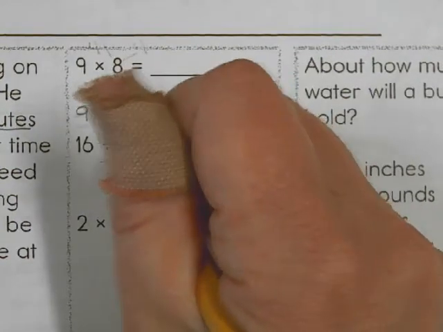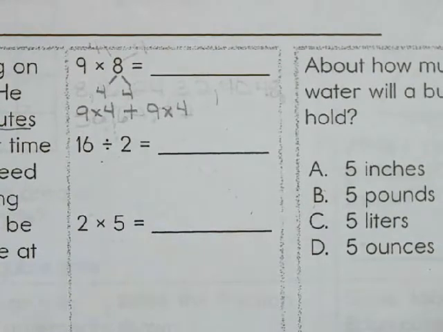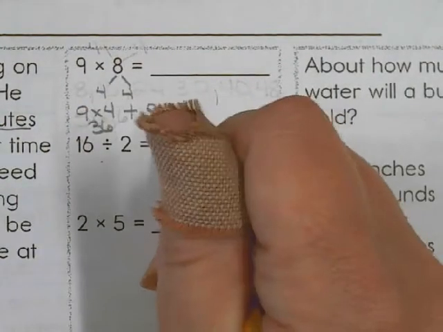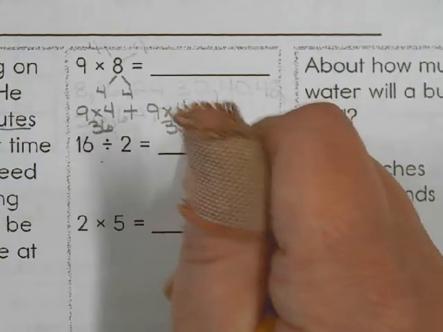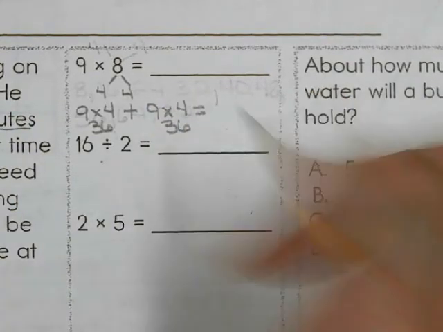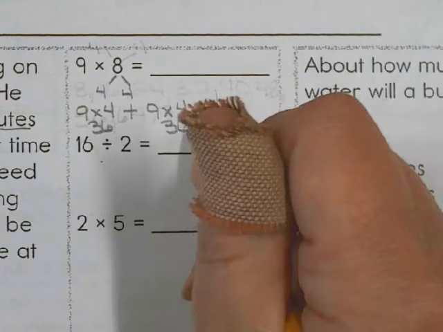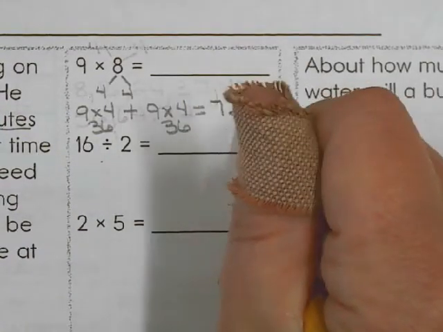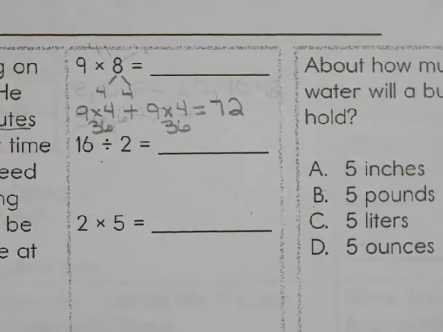If we know our multiplication facts, 9 groups of 4 gives us 36, and 9 groups of 4 gives us 36. If we add those together, 30 and 30 is 60, and 6 and 6 makes 12. So that would give us 72 as our product.